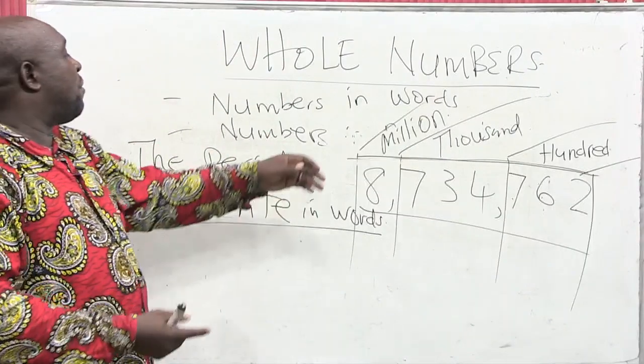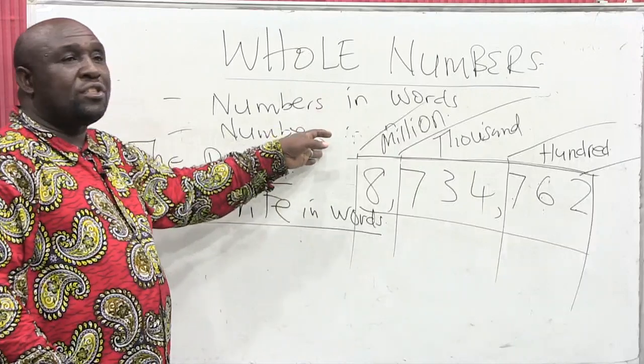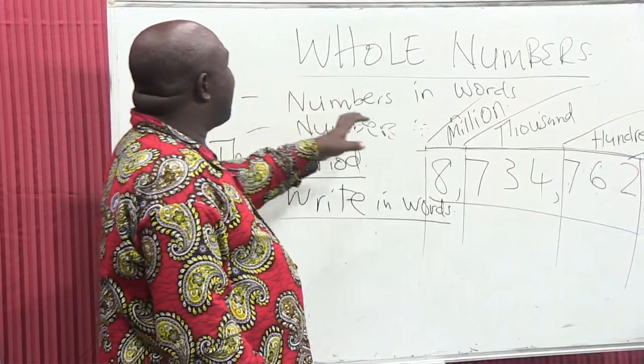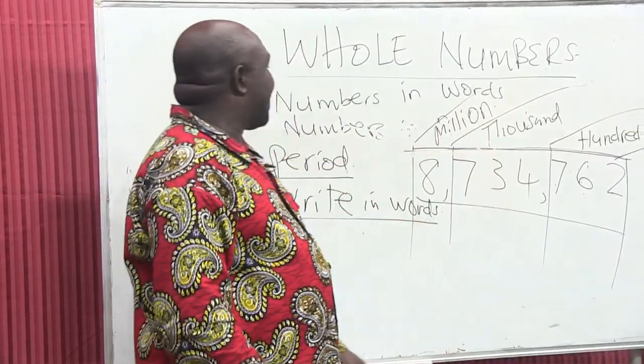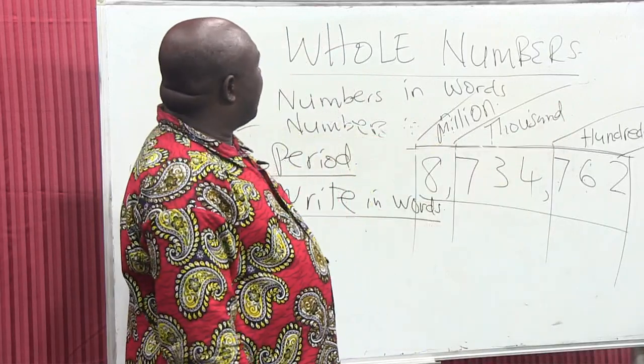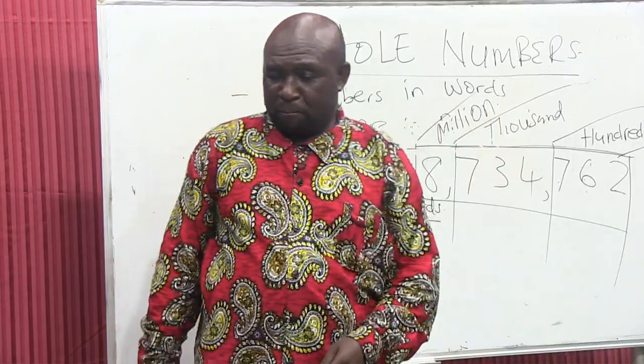And now we have higher periods like billions, trillions, and so on. In primary school, primary mathematics, we deal with the hundreds period, the thousands period, and the million period.